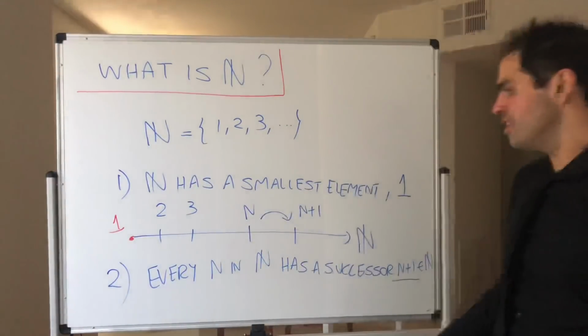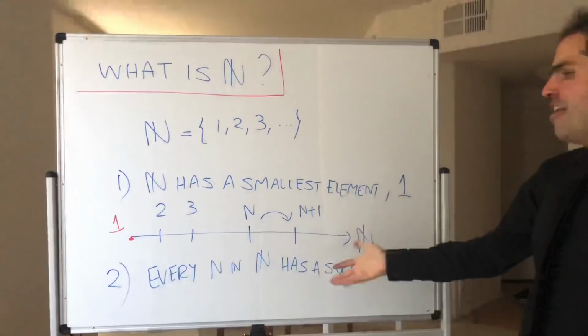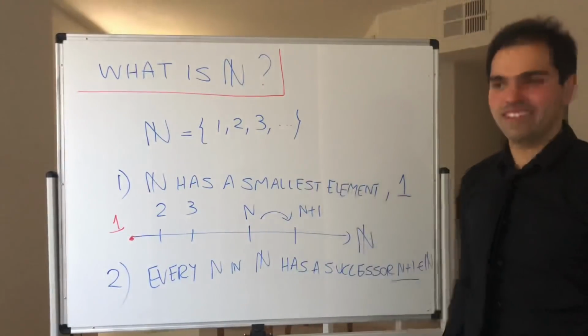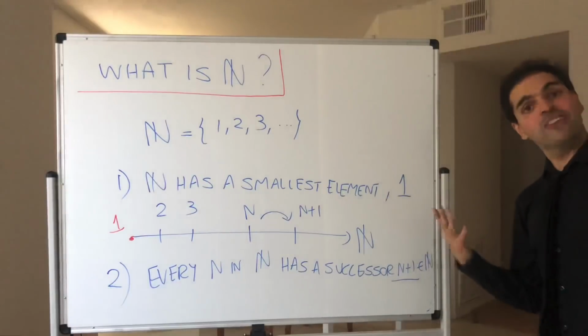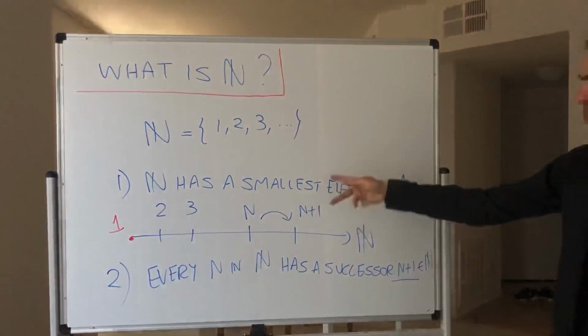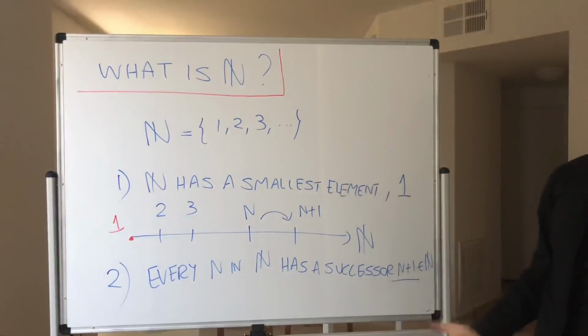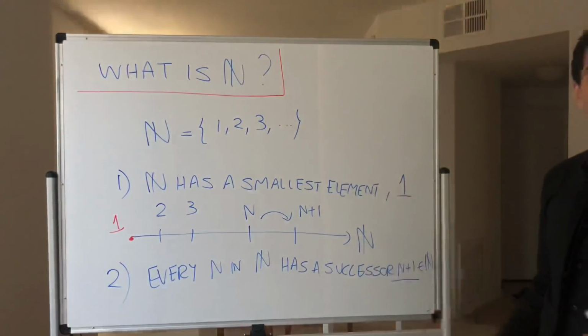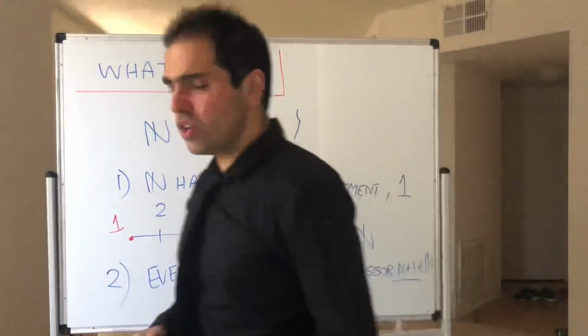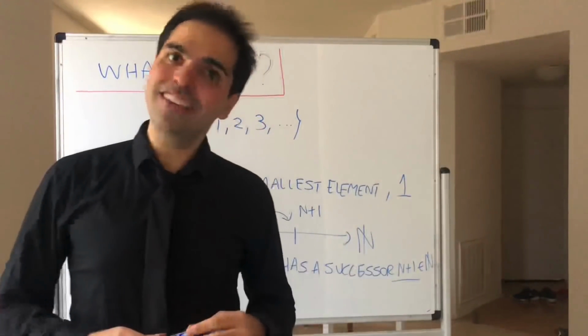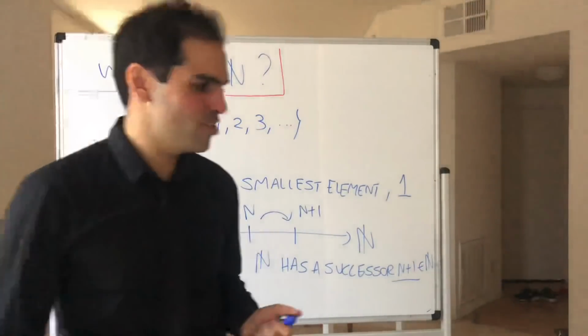So this is very unique about the natural numbers: it has a smallest element, and every natural number has a successor. But this still doesn't tell us how to define N. Those are two nice properties N has, but there are other number systems with that property. In the second segment, we will define the natural numbers.